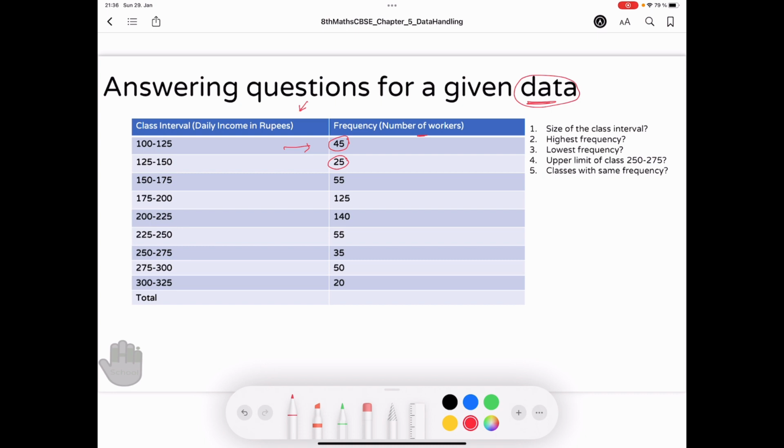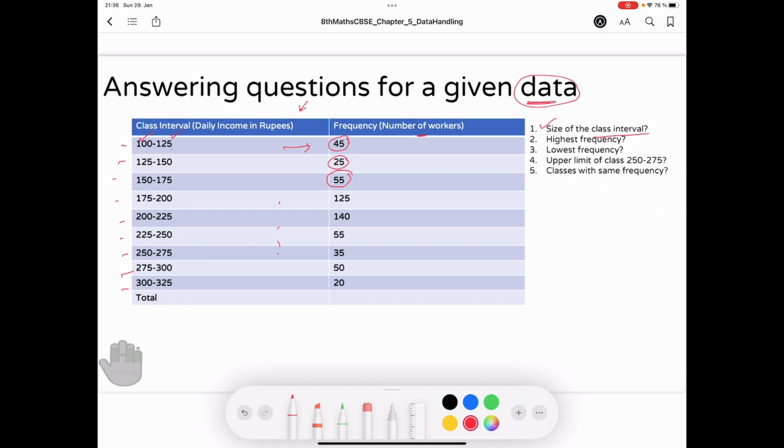Between 150 and 175 rupees a day, we have 55 workers, and so on. So this is organized data, and based on it we can answer some questions. For example, what is the size of the class interval? These are our classes, and the size of a class is the difference between its upper limit and lower limit.